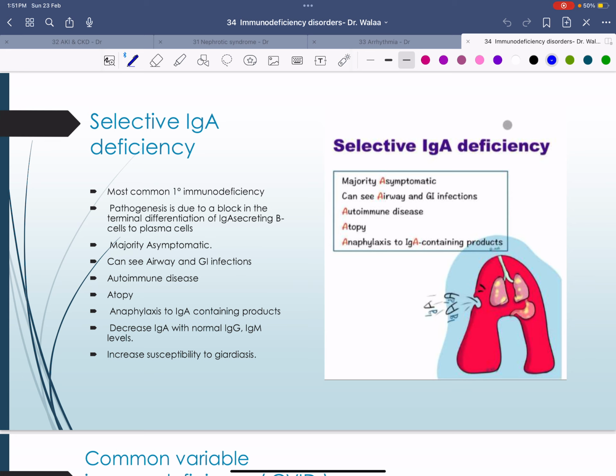So if they need blood, they have to receive washed packed RBCs. شو يعني washed RBCs؟ نعمل washing للبلازما بروتين، كل بروتين including immunoglobulins. لأنه إذا أعطيناه blood فيه IgA and they have deficiency بالIgA شو رح يصير؟ Our body will understand this is non-self antigen, so it starts a reaction to it. فبصير عندهم anaphylaxis, deadly anaphylaxis, okay?